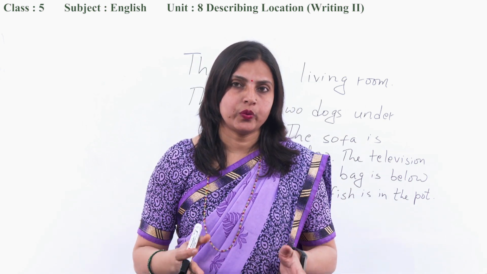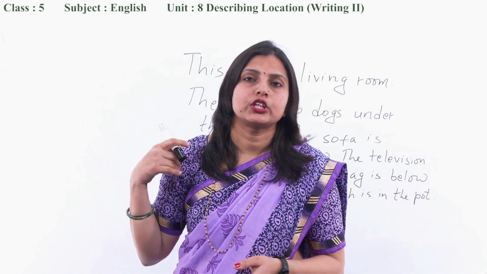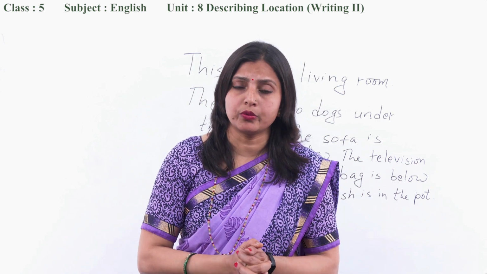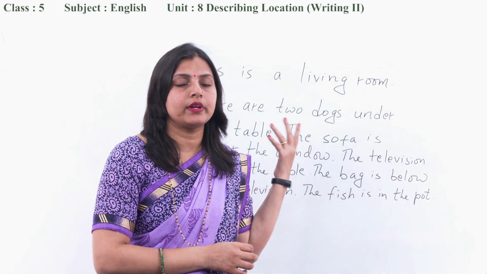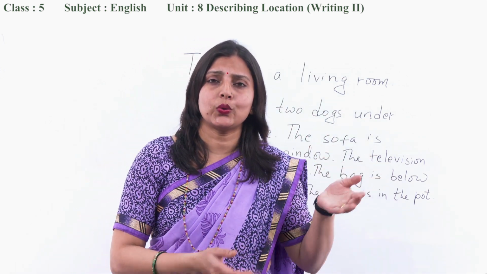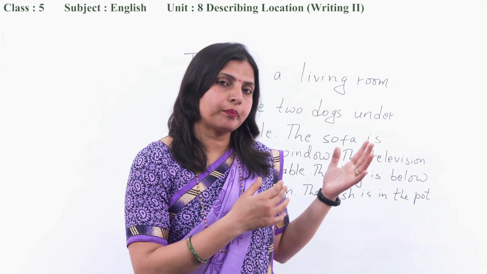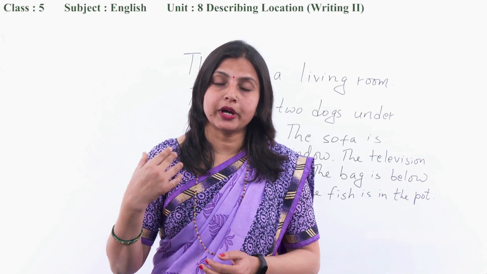Okay, you have to write at least 8 to 10 sentences. You can include more things. There are so many things in the room, right? So this is just a sample one, like example. You can take it as an example. Do not copy the exact one. Just take it as an example and write on your own. Okay, you should write by yourself.